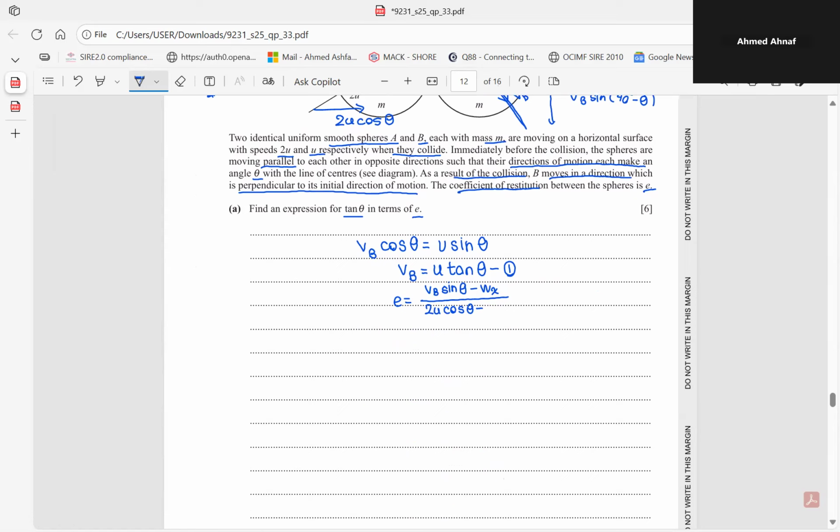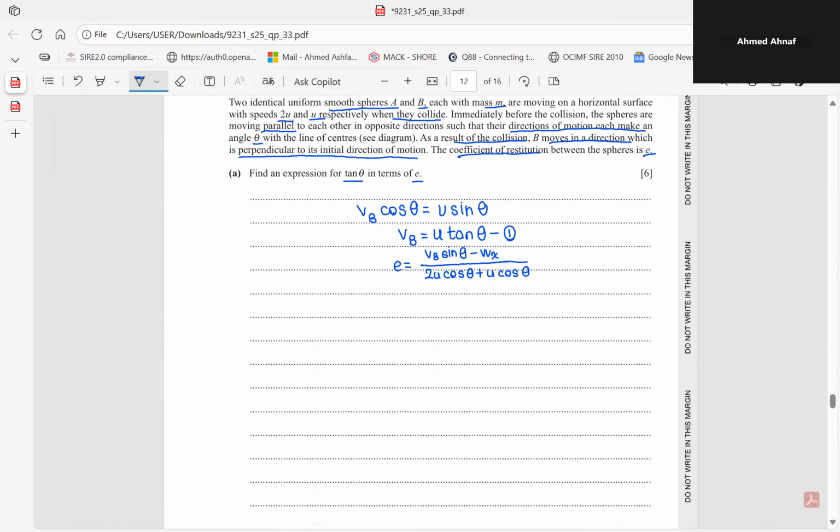So it's minus negative u cosine theta, which is just plus u cosine theta. Now 2u cosine theta plus u cosine theta is 3u cosine theta. So we get 3u cosine theta equals e times (VB sine theta minus WX).